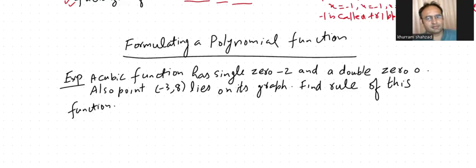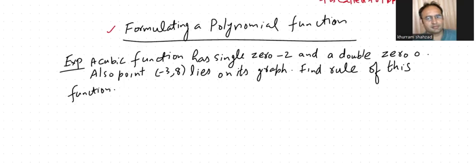By using the zero values, we have to formulate the rule of the polynomial function. So I have this example, a cubic function. A cubic function means a function whose degree is 3. Degree means the highest exponent of x involved in any polynomial. So we have a cubic function.